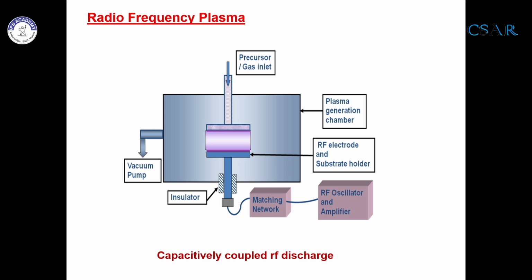For that purpose, you have to use RF plasmas. In this RF plasma system, you have the cathode and the anode, or if you are using this for a CVD system, then a gas feed arrangement. The chamber can also be made another electrode, which is grounded, and then this electrode is connected through the matching network to an RF generator, like a 13.56 megahertz generator with its associated matching network.